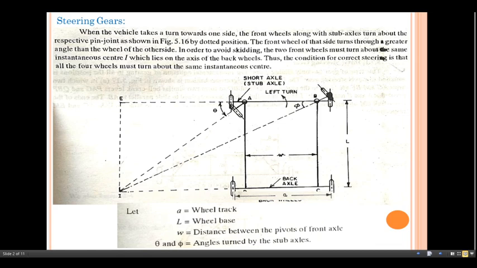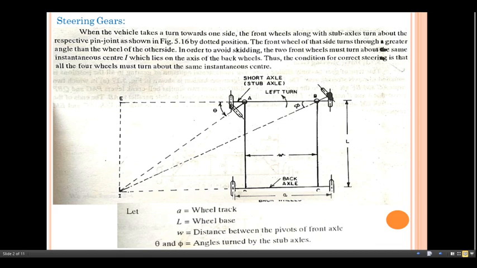When the vehicle takes a turn towards the left side, the front wheel of that side turns through a greater angle than the wheel of the other side. If you look at this angle and this angle, this angle is greater than this angle.